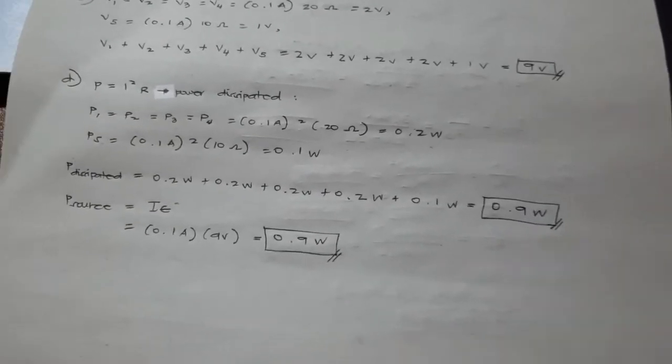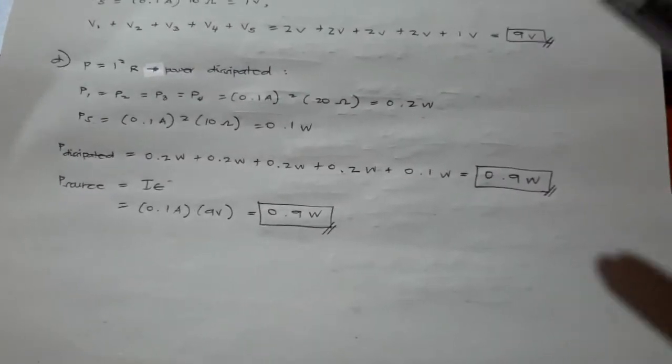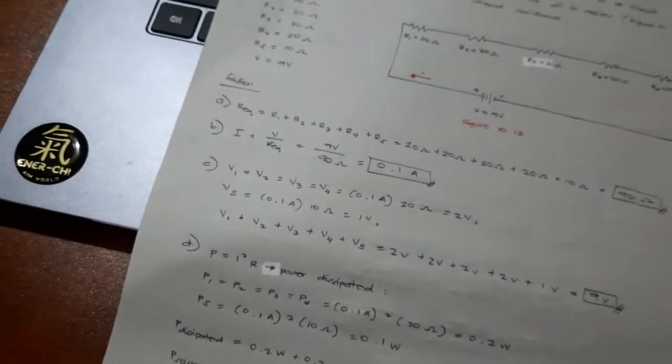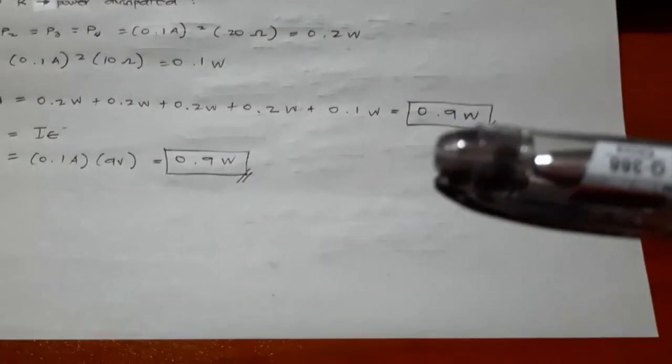Each resistor may cost a few cents to a few dollars, but when multiplied by 1,000 of units, the cost saving may be appreciable. So that would be the equivalent resistance, current, and the power in a series circuit.